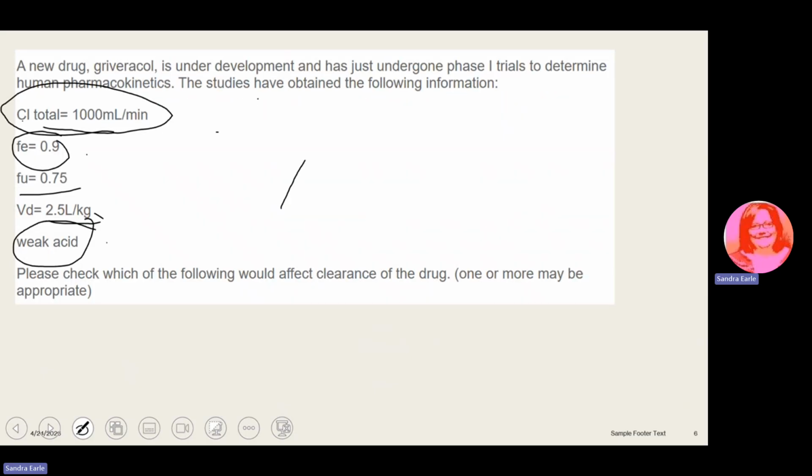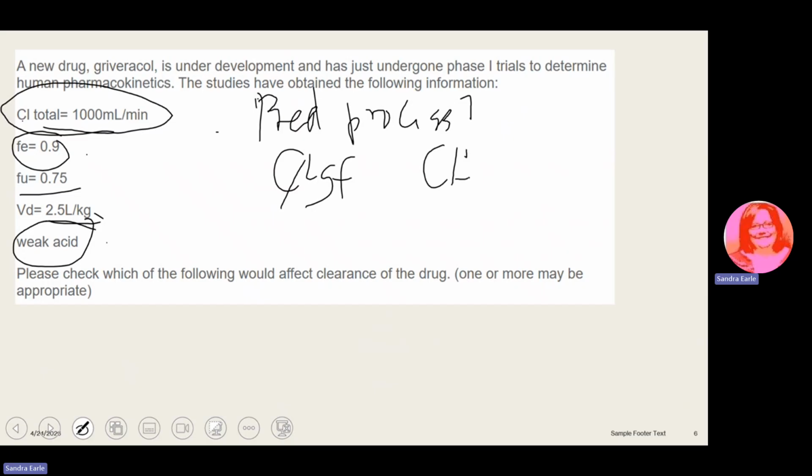Okay, so first thing we have to do is figure out what's the predominant process. And remember, just like we did for that table, we're going to compare our glomerular filtration clearance to our renal clearance. So our glomerular filtration clearance is going to be 125. And since we're in mils per minute here, we can stay in mils per minute.